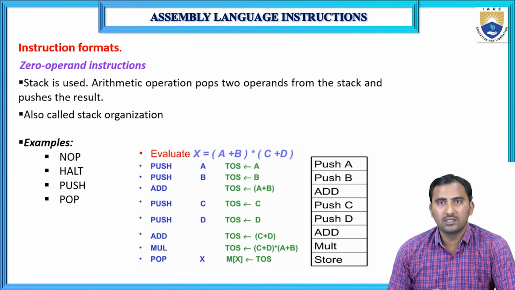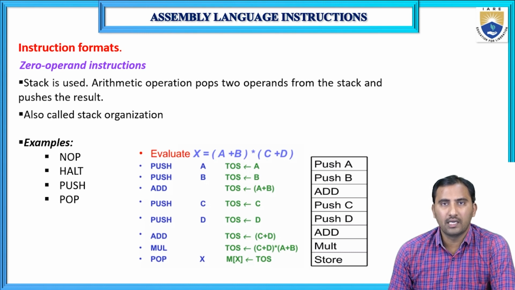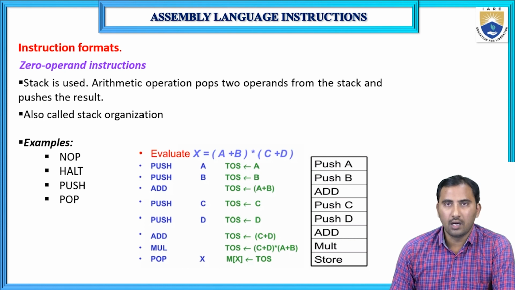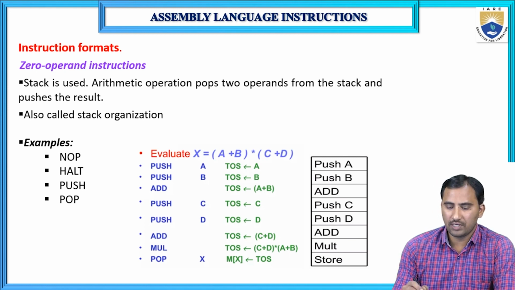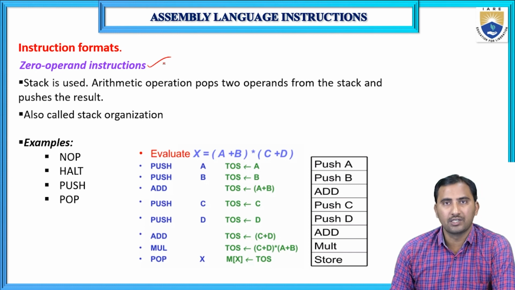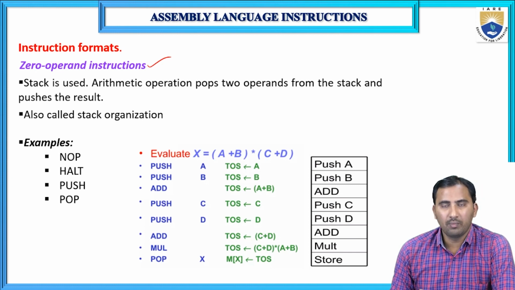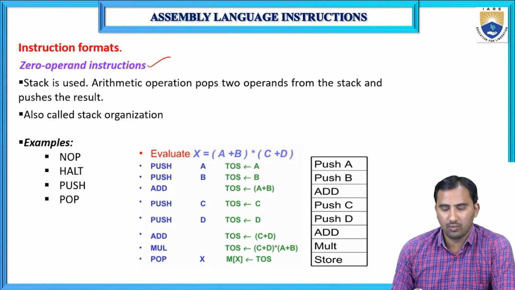Based on the operands, the instruction formats are classified into different types: 0 operand instruction, 1 operand instruction, 2 operand instruction, and 3 operand instructions. The first one is the 0 operand instruction. This type of instruction has no operands, only the opcode.